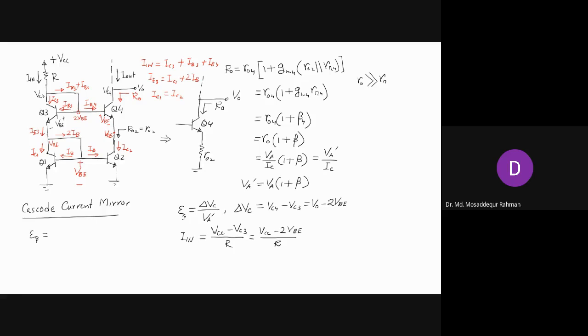And then you have the expression for I out, which will be this. You have this here, IE4, which will be I out plus IB4.